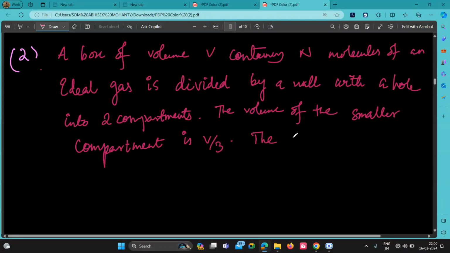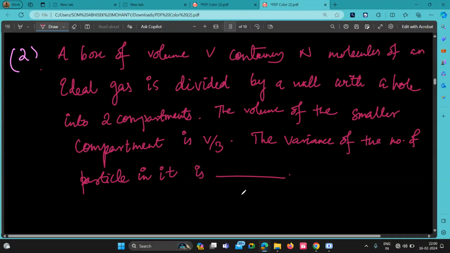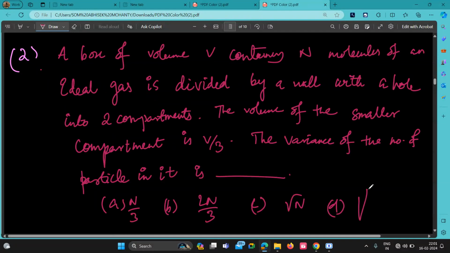The variance of the number of particles in it is: option A n by 3, option B 1 by 3, option C root n, option D 2n by 3.